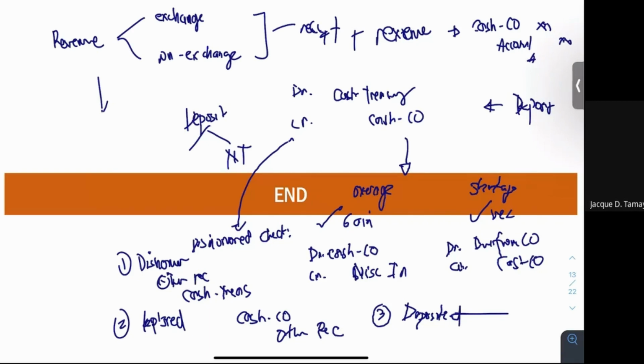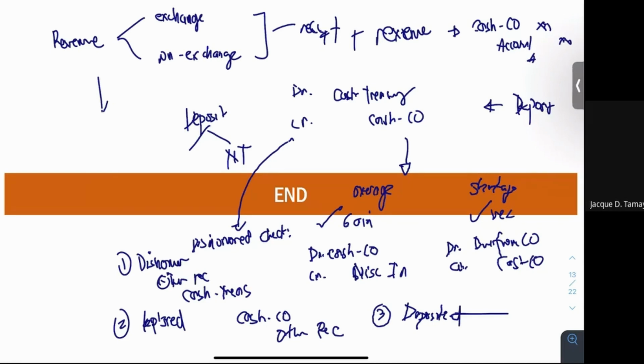But as a rule, it is always National Treasury. That's why we debit cash treasury. Sir, what if it is special fund? If it's special fund, you don't need to deposit it. It will be under your cash collecting officer only. Okay? It is only held by your cash collecting officer.